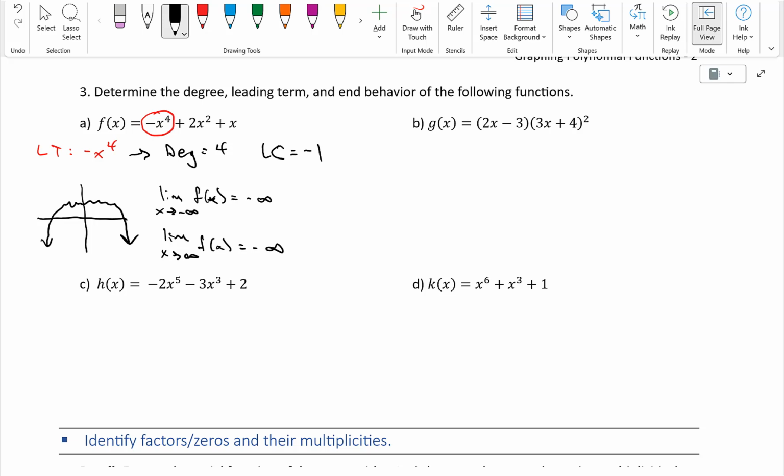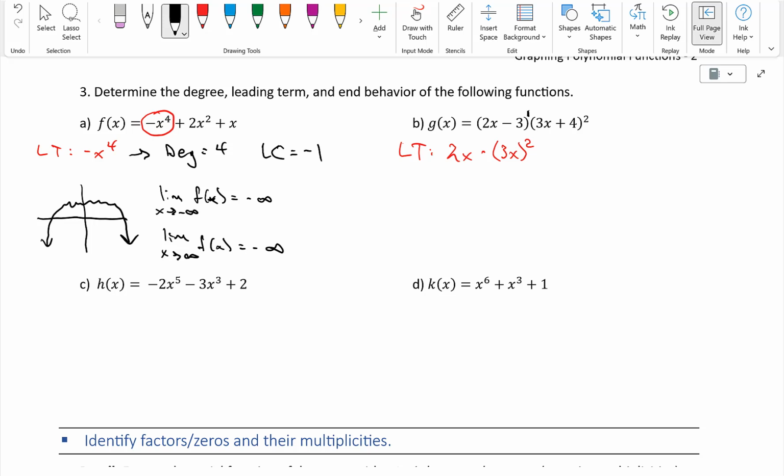For b, we've got that degree or multiplicity we'll talk about a little bit again below, but power 1 there for the 2x minus 3 factor, and then the 3x plus 4 squared. If we think again, just our small multiplication, instead of multiplying the whole thing out, just what happens with that first term, we'll have a 2x times a 3x squared, right?